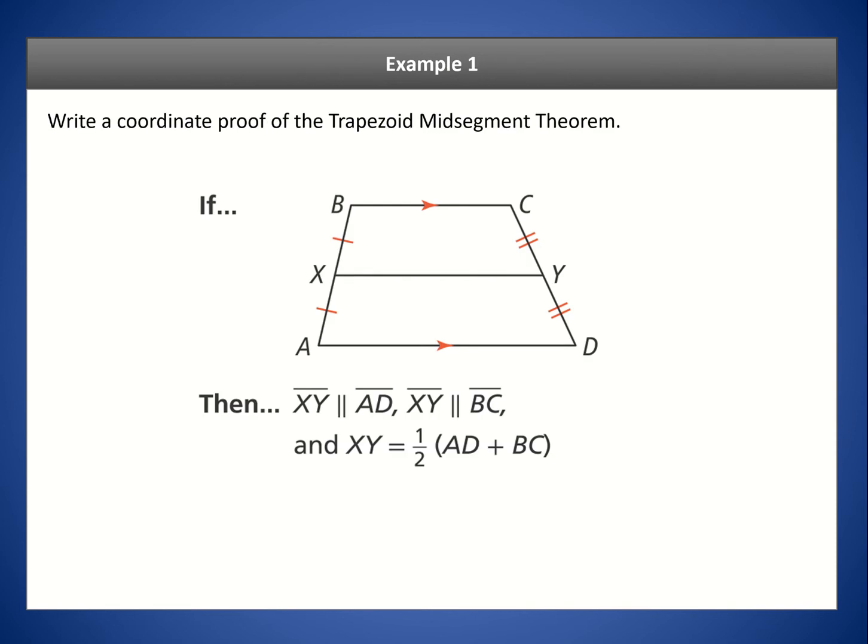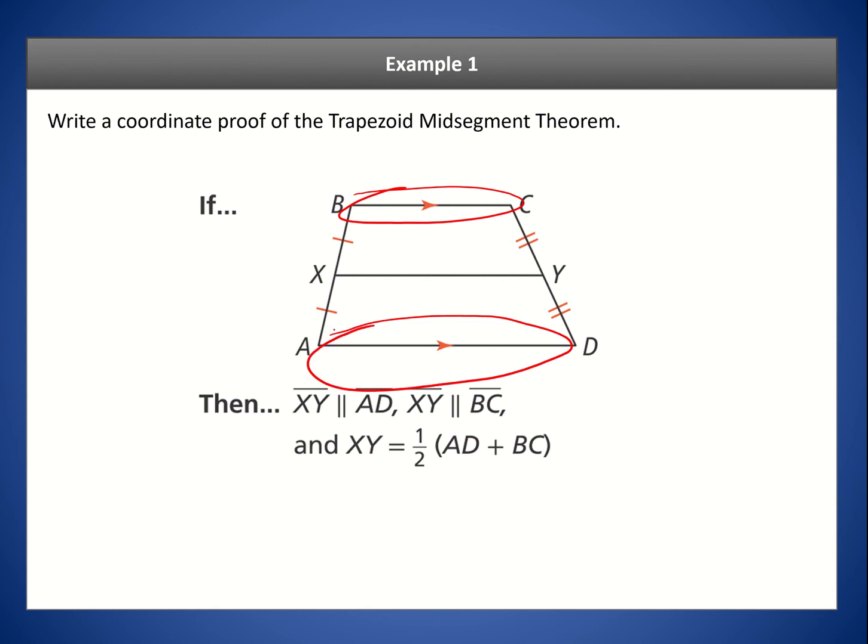So for example 1, we want to write a coordinate proof of the trapezoid mid-segment theorem. Because you probably don't remember that theorem, I went ahead and included it here. The trapezoid mid-segment theorem is, if you're given a trapezoid and you have a line segment that connects the two legs of the trapezoid such that the two endpoints of the line segment are the midpoints of the legs, then you have what is called a mid-segment, XY, and the length of that mid-segment is equal to the average of the two bases of that trapezoid.